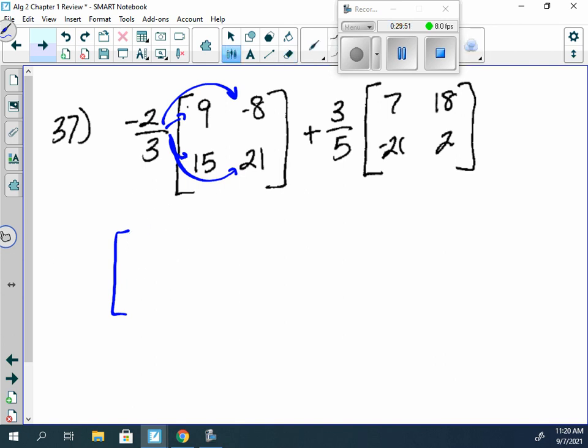Negative 6, yes. Negative 2/3 times 8, which would be positive 16 over 3. Negative 2/3 times 15 would be negative 10. And negative 2/3 times 21 is negative 14.